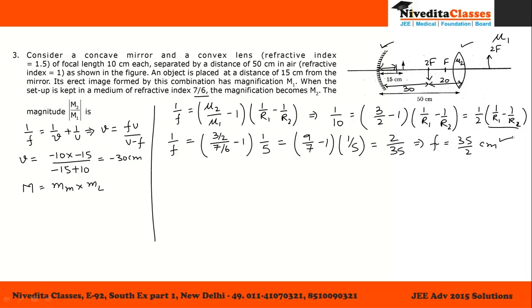Okay, so now in this case also the image formed by the mirror will be at the same position, which is 20 centimeter away from the lens.